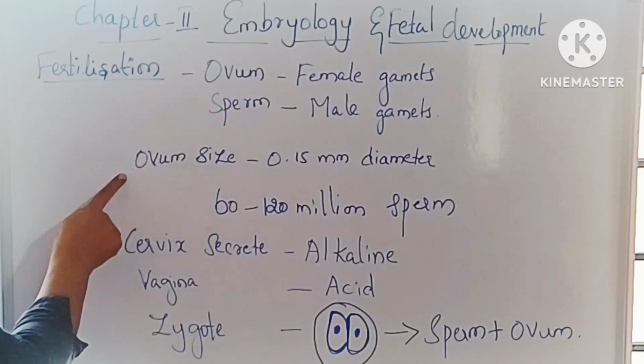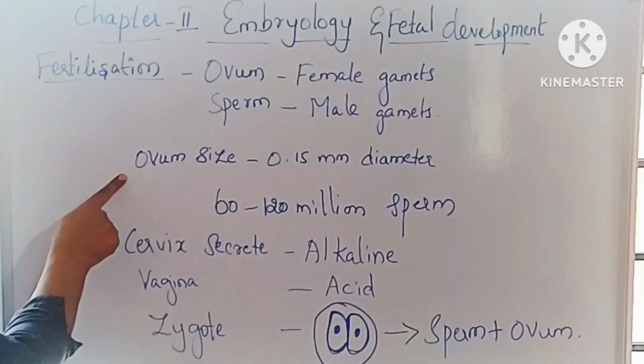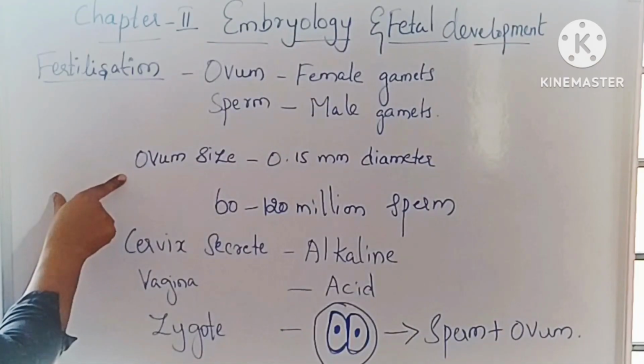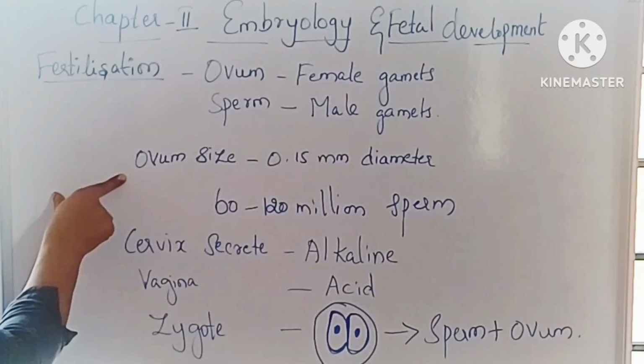The ovum, which is about 0.15 mm in diameter, passes into the uterine tubes or fallopian tubes and moves forward toward the uterus after ovulation. Ovulation means the ovum is released from the ovary. After ovulation, the ovum passes through the fallopian tube to the uterus.